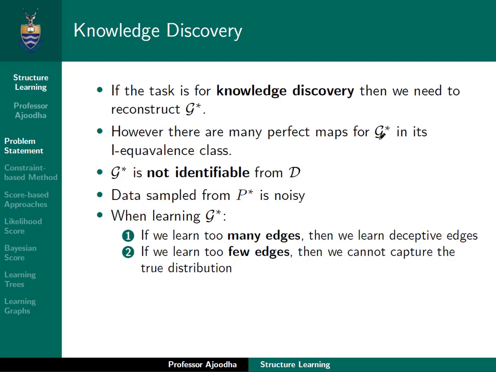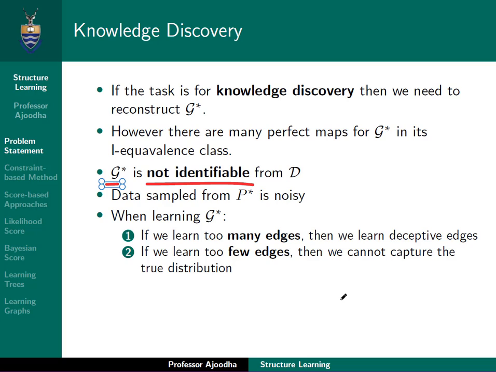What does this all mean in terms of identifying G star? Well, it turns out that identifying the single structure, perhaps that is associated with the ground truth distribution, is not identifiable from D. As I've just shown you in the examples on the screen, there is no way of identifying G star from the 3 structures that I showed you, the one with those 3 variables that I drew at the bottom here.